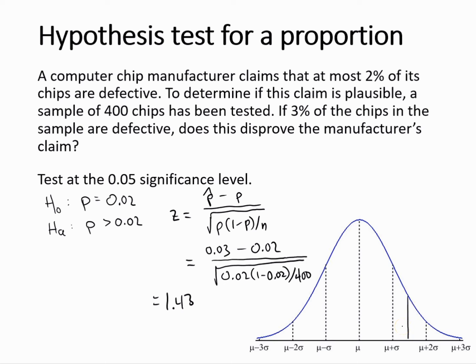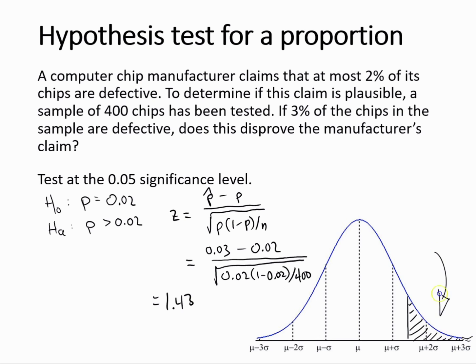And because of our alternative hypothesis, we're looking at a right-tailed test, and we are essentially wanting to know the probability that we would have observed a sample proportion that high or higher if the true proportion was 0.02 as indicated in the null hypothesis.